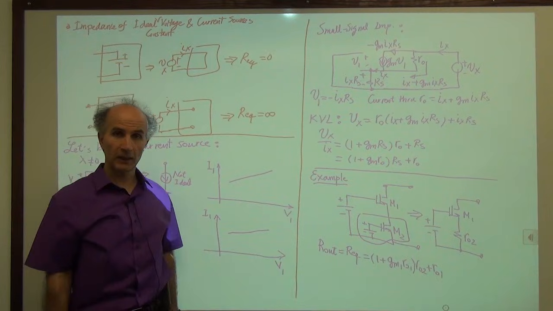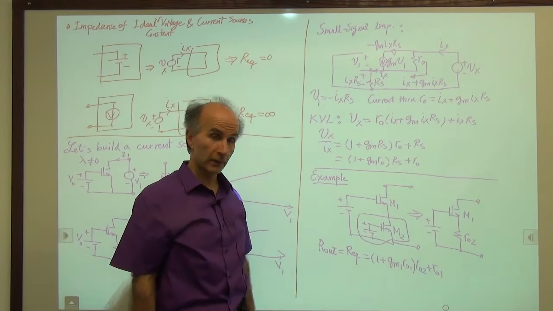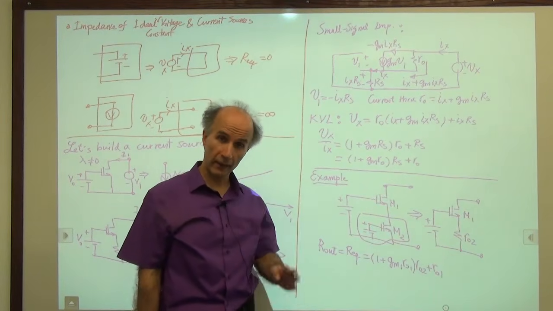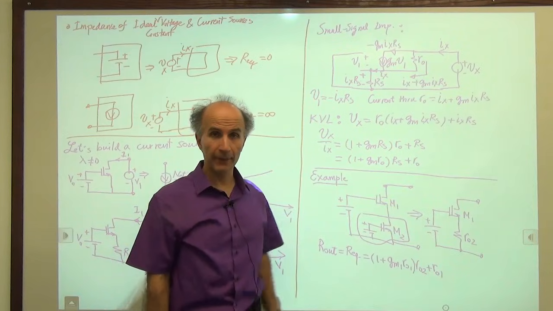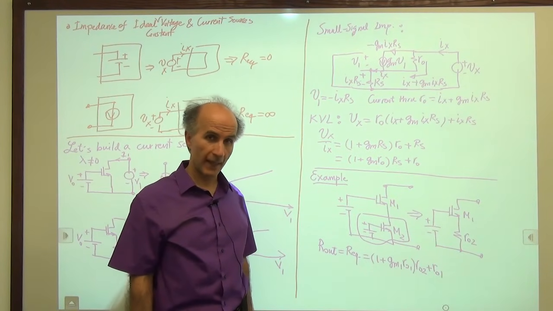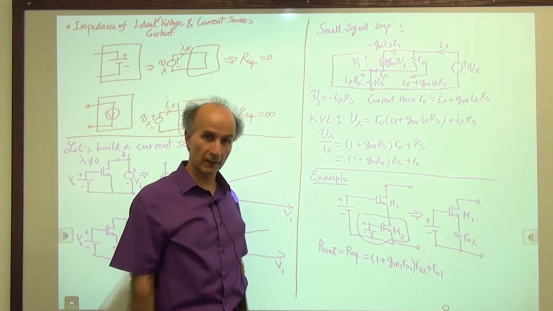So that is the output impedance of this strange looking structure. This strange looking structure also will accompany you in many courses in the future because it has many applications. We call this a cascode structure. But for now, don't worry about it. It's just a simple example.